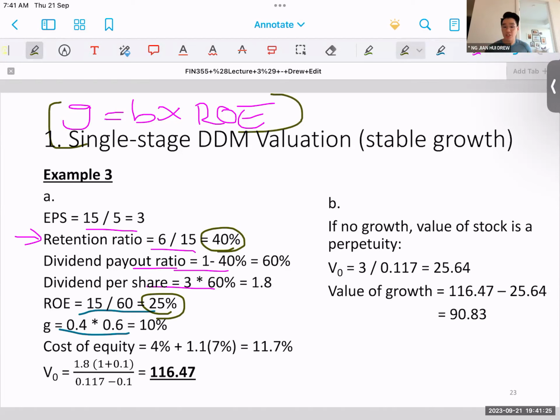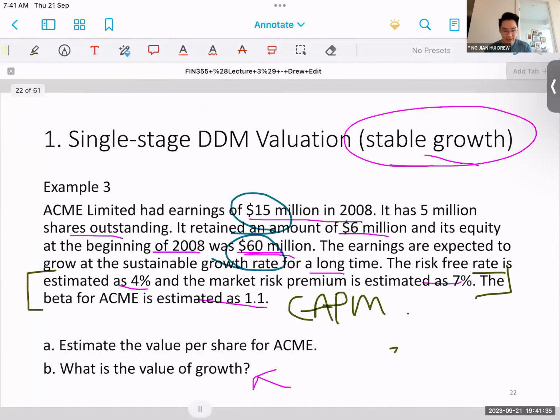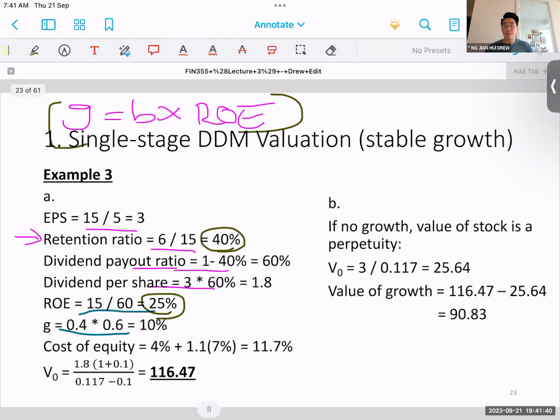Okay, so once you calculate g, which is, I guess, the toughest part to calculate in this question, we can use the CAPM model, like what I highlighted earlier. This is the CAPM here, right? Use CAPM to calculate your cost of equity. And after that, we simply plug into the formula for a growing perpetuity.